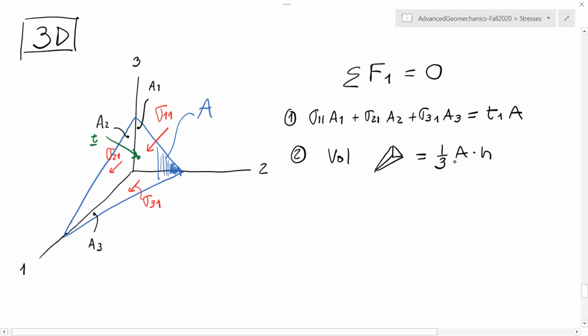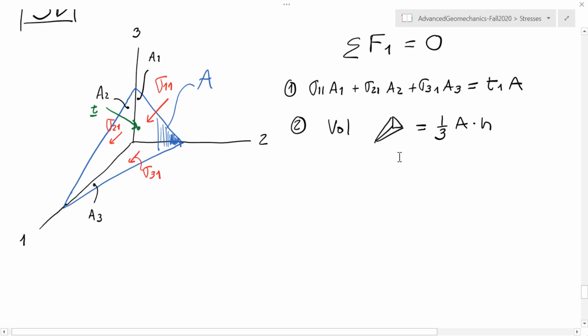And if we take as height the distance between the origin normal to the plane A, or the area A, then this is going to be the formula, right? Let's actually draw that so it's a little bit clearer.